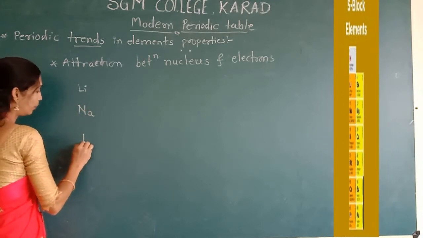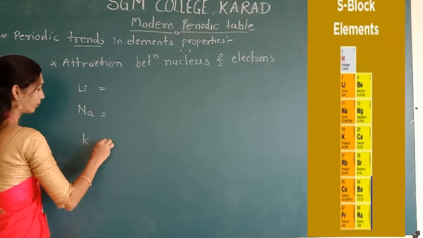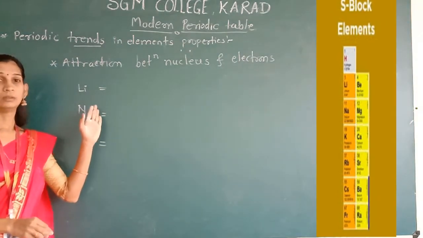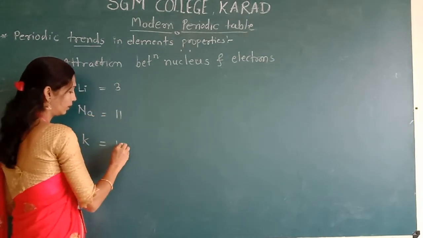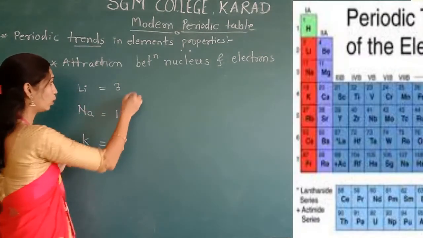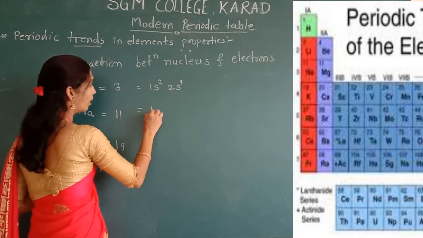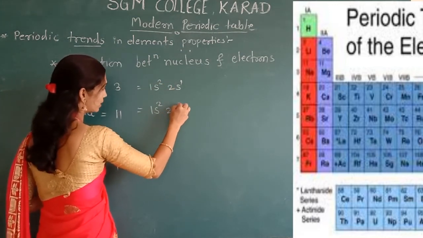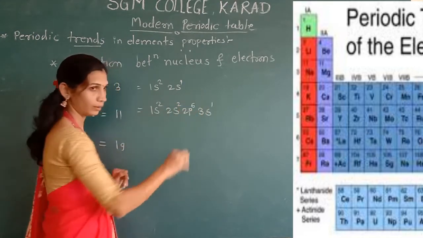सोडियम आणि पोटॅशियम. Atomic numbers: Li having 3, Na 11, K 19. Electronic configuration 1s2, 2s1. Here 1s2, 2s2, 2p6, 3s1.